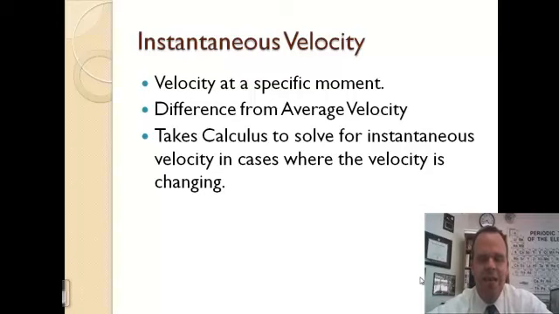The instantaneous velocity would be your velocity if you looked down at the odometer on your car and saw the speed at that exact moment, whereas the average would be your total distance to Woodward divided, or displacement divided by the time. So we will occasionally talk about instantaneous velocity if we have a specific example where we can look at that, but most of the time we'll be solving for average velocity.